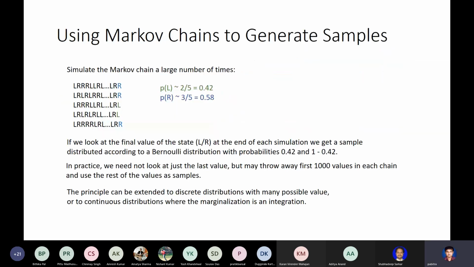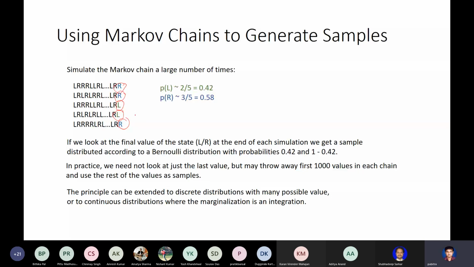Another way of interpreting these probabilities is like this. Suppose I simulate one Markov chain for 1 million times and look at the last value. And another same Markov chain, again I simulate and look at the last value after 1 million times. Every time you run for 1 million, they may change.